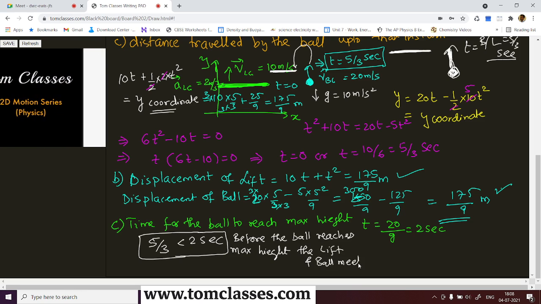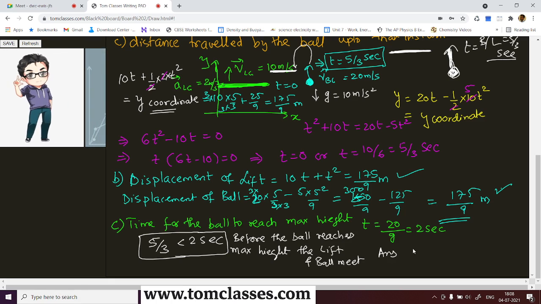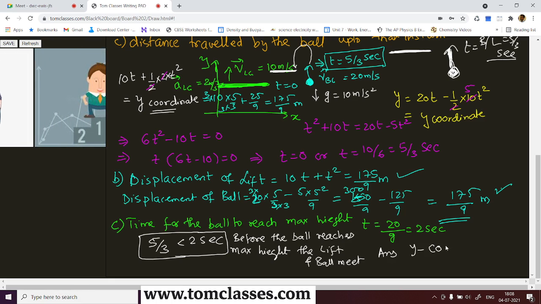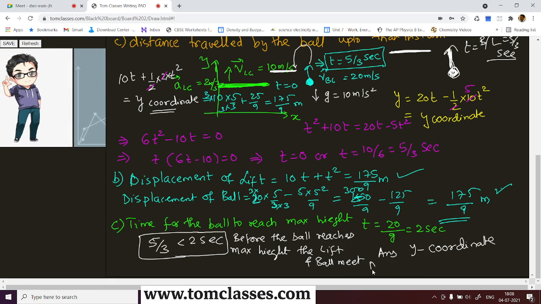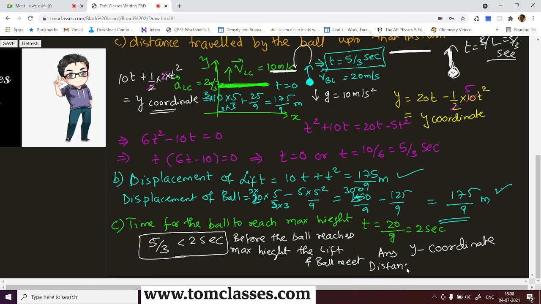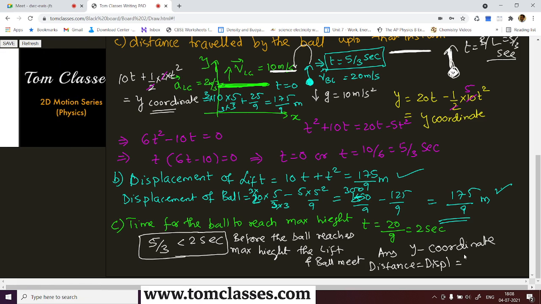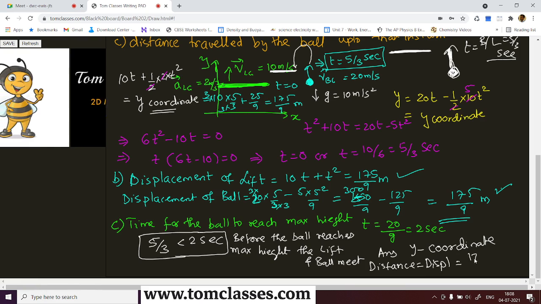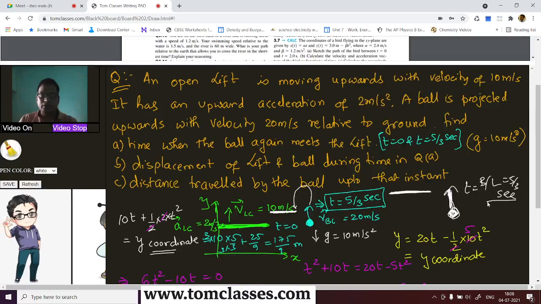In that case, the answer has to be the y coordinate itself. So distance is equal to displacement, and that is nothing but 175 by 9 meter. Is that okay?